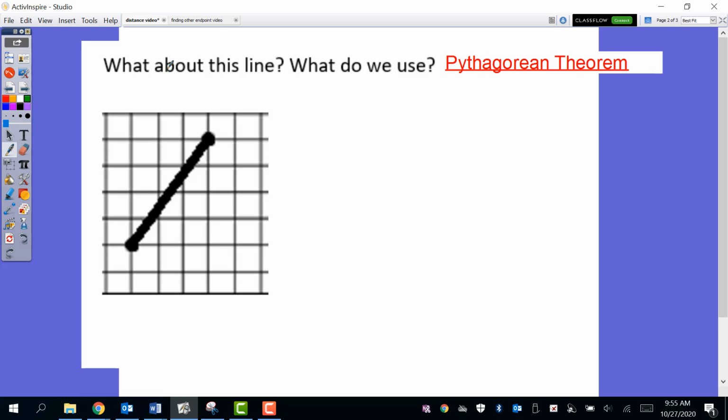Next, what about this line? What do we use? We're going to learn how to use the Pythagorean theorem to find the distance, because the distance formula is just the Pythagorean theorem. The formula for the Pythagorean theorem is a squared plus b squared equals c squared. So how can you determine the length of this line?